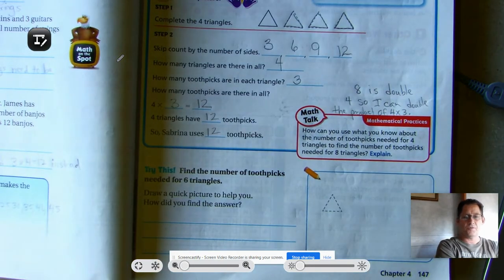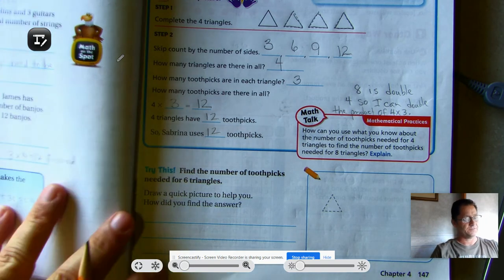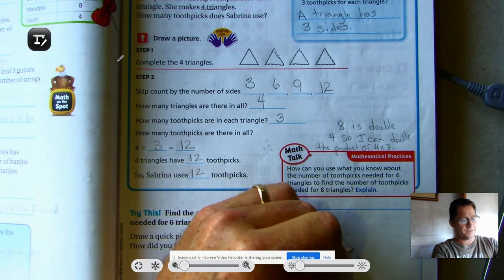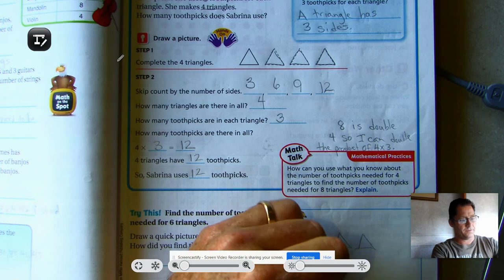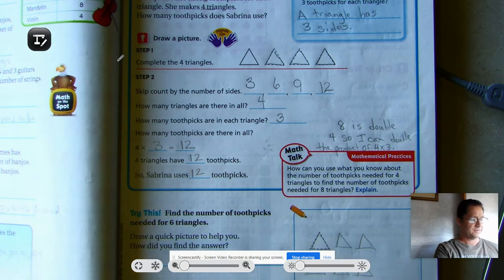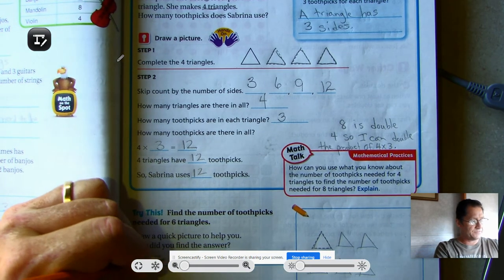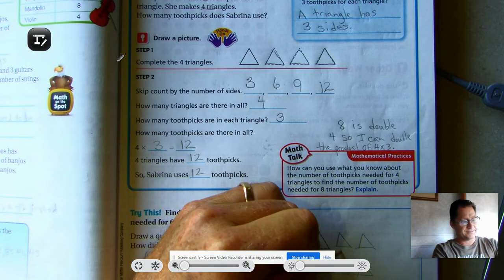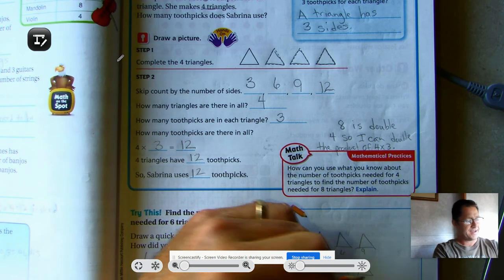Draw a quick picture to help you. How did you find the answer? Find the number of toothpicks needed for 6 triangles. Okay, so we have 1 triangle here, 3, 4, 5, 6. 6 triangles times 3, 3, 6, 9, 12, 15, 18.